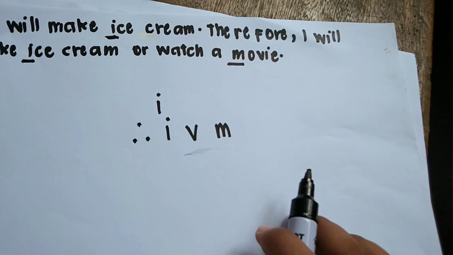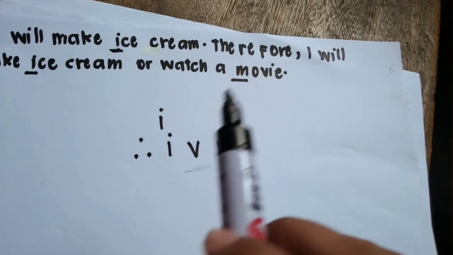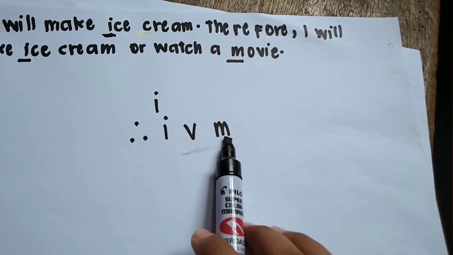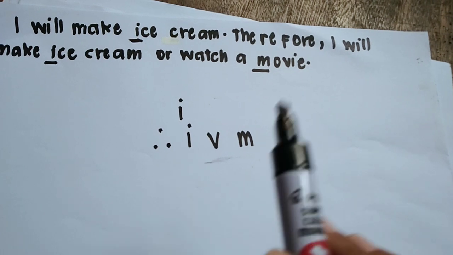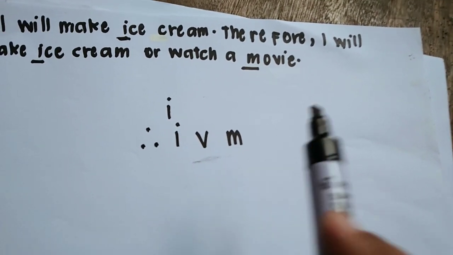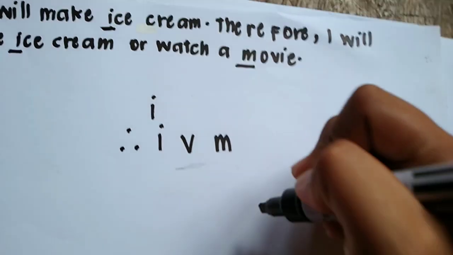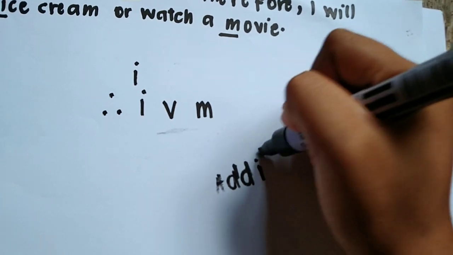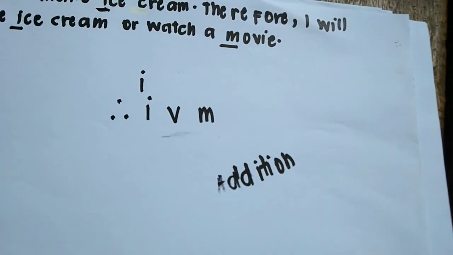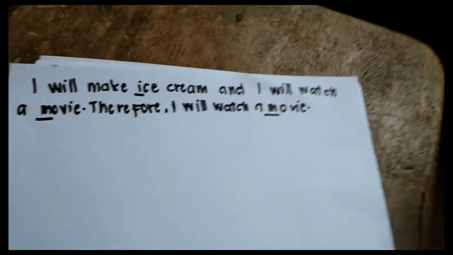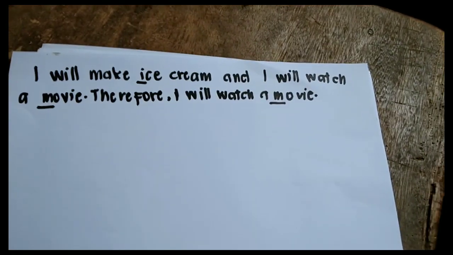So, from our first statement, naging antecedent siya ng conclusion natin at nag-add tayo ng bago. So, kapag meron tayong nakitang form na ganito, it is addition. Addition rule of inference. So, let's proceed on our example.